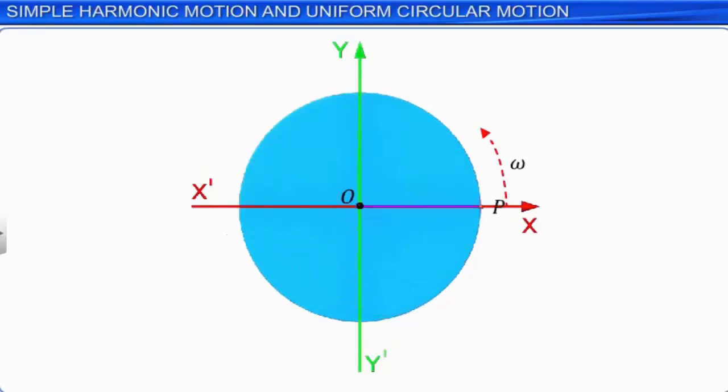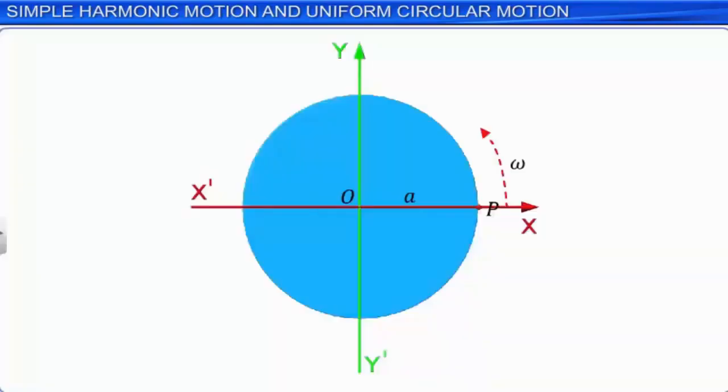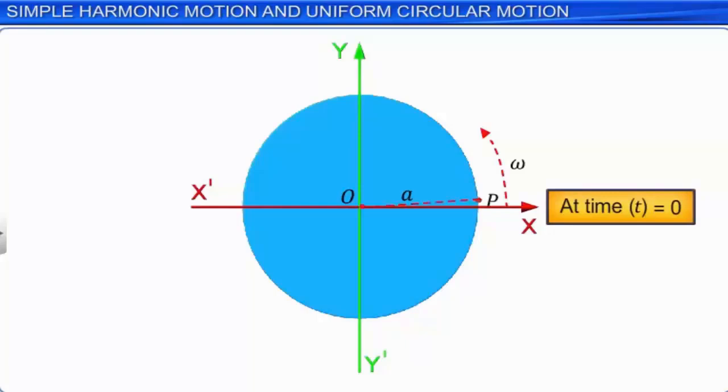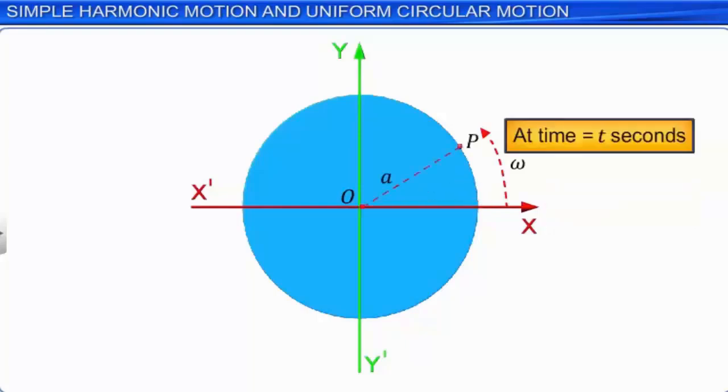Now, consider the position of particle P at time t = 0 on the x-axis. At the end of t seconds, its position changes. The angular displacement of the particle at the end of t seconds is ωt. At any time, OP denotes the position vector of the particle P.